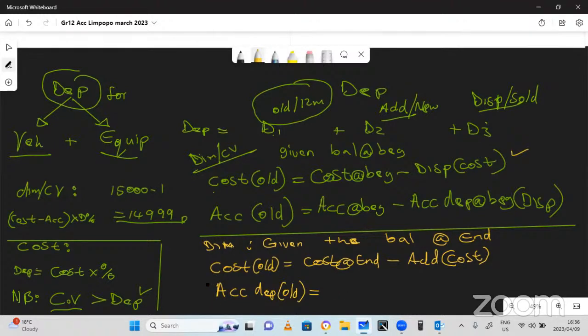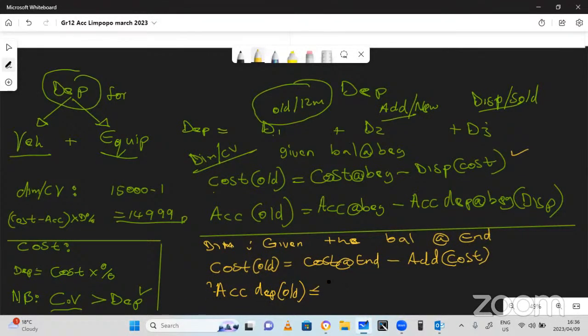Because remember, in your pre-adjustment you will always be given the accumulated depreciation at the beginning, unless they have calculated. So if they have calculated the depreciation, there will be no need for you to calculate it if they have given you the accumulated depreciation at the end, because the depreciation is already included. Okay, but that's okay.